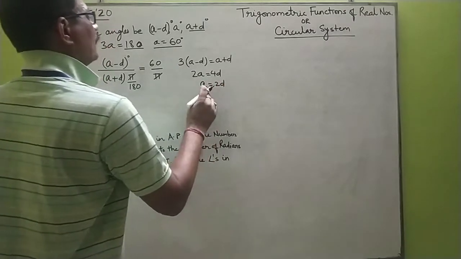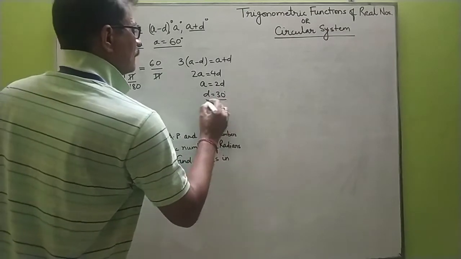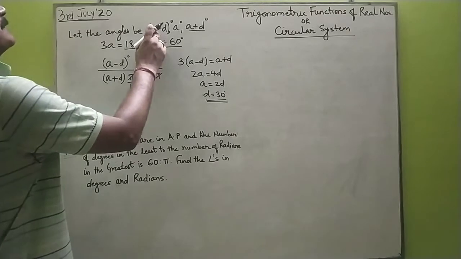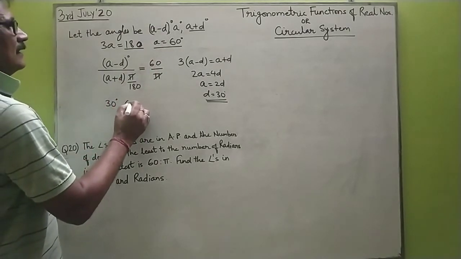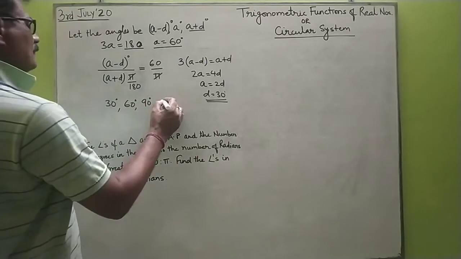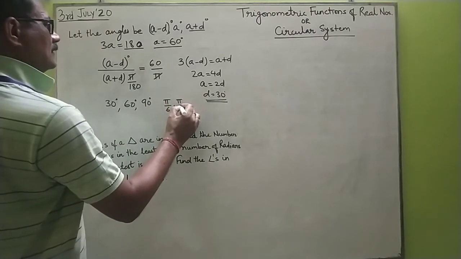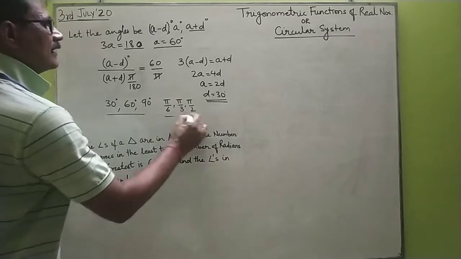So D is half of A, that is D is 30 degrees. So when D is 30 degrees, you can find all three angles. 60 minus 30 is the first angle, 30 degrees. The next angle will be 60 degrees, and finally it will be 90 degrees. So the angles are pi by 6, pi by 3 and pi by 2 in radians. They are in degrees, this is in radians.